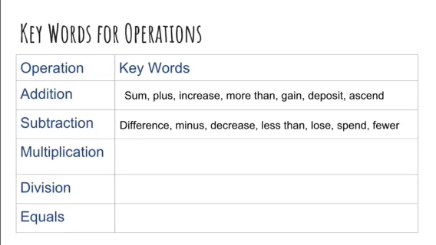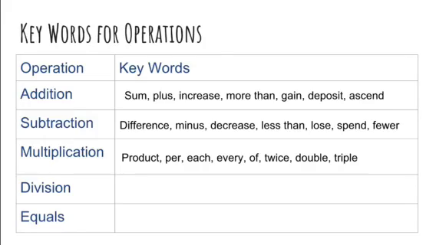For subtraction, we have difference, minus, decrease, less than, lose, spend, and fewer. Some keywords for multiplication are product, per, each, every, of. You're going to see of a lot with fractions, half of 3/4. You would multiply those. Then you've got words that mean multiplying by a certain number: twice, double, triple, quadruple.